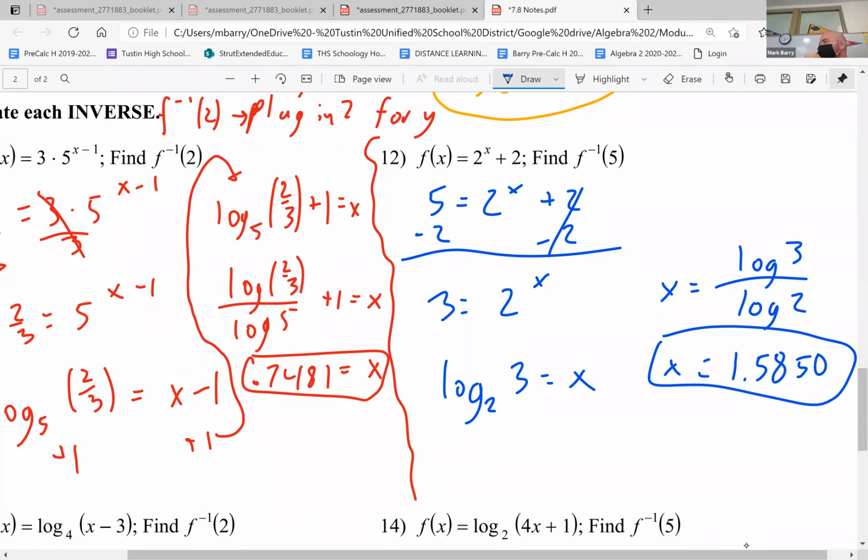I get 1.5850. All right, 2 more, and we'll wrap it up.